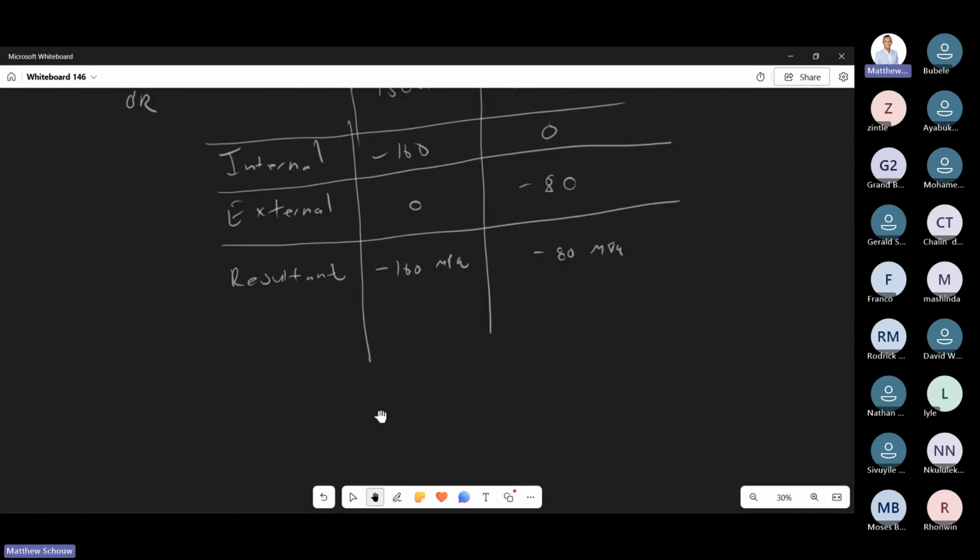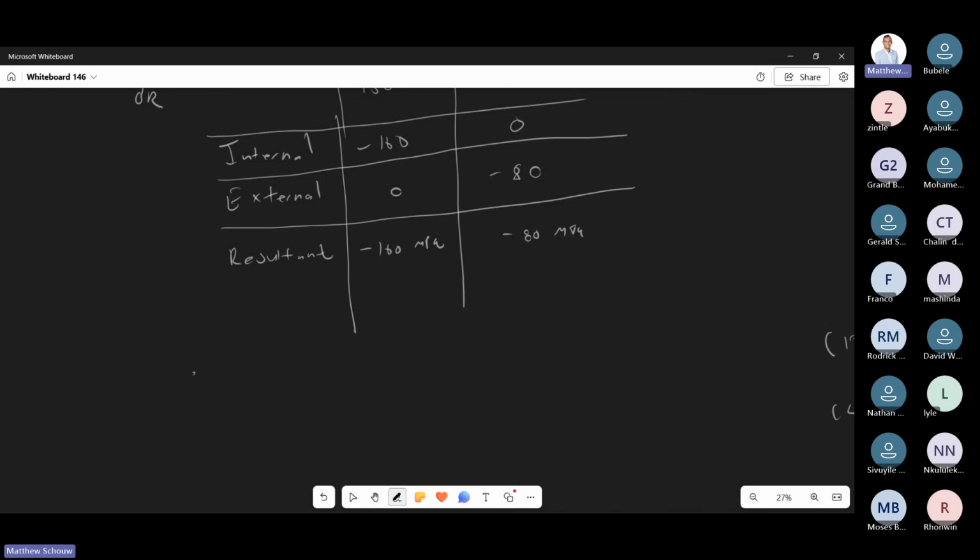So now we can do exactly the same for the hoop. Pull up another table. Internal, 150, 450. Through another line, external.